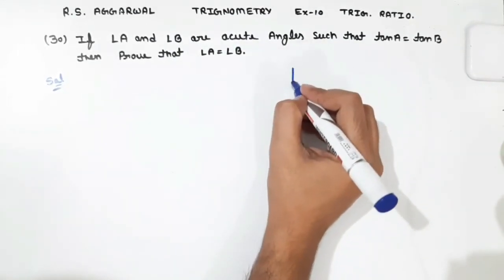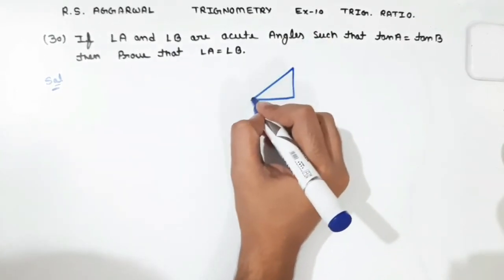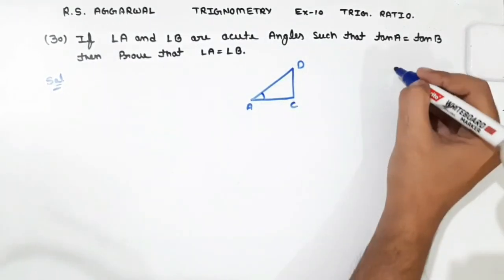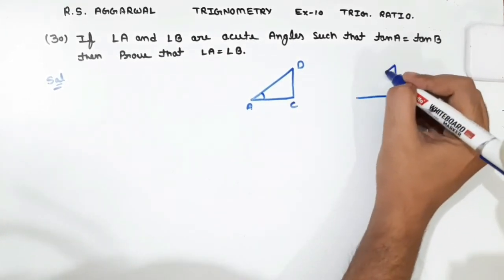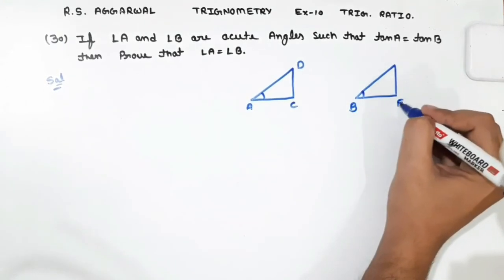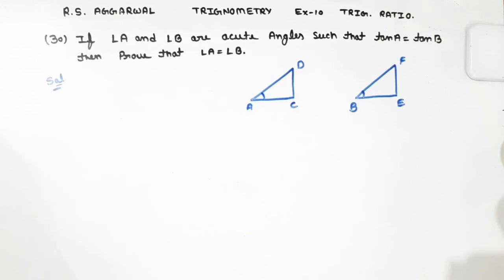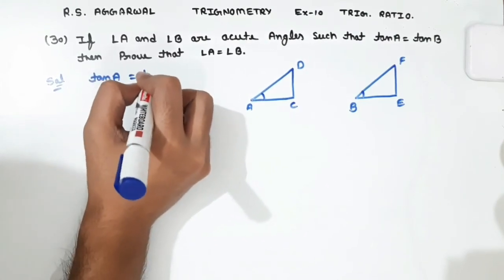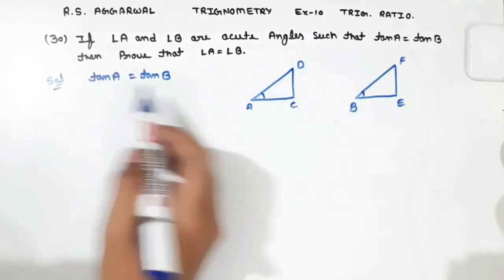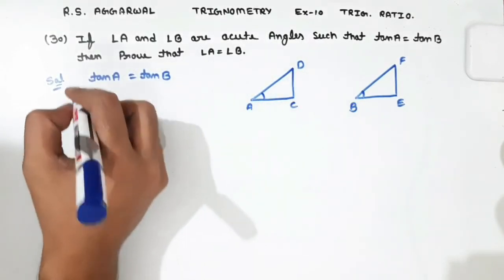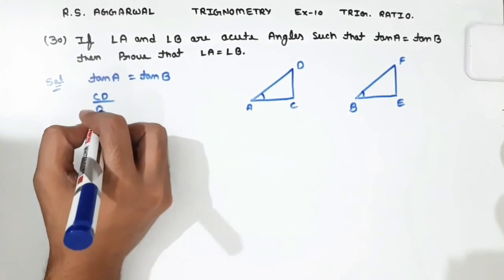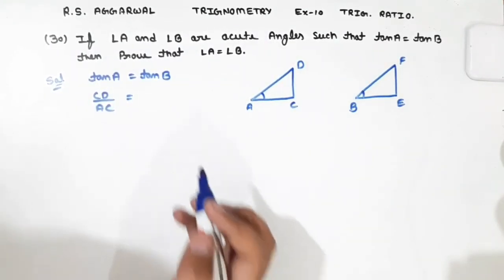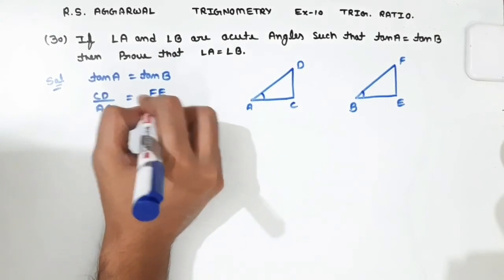So firstly, we will draw two triangles. This is ACD, in which angle A is an acute angle, and then another triangle BEF, in which angle B is an acute angle, and we are given that tan A equals tan B. So in triangle ACD, tan A will be equal to perpendicular upon base, that is CD upon AC, and in triangle BEF, tan B will be equal to FE upon BE.